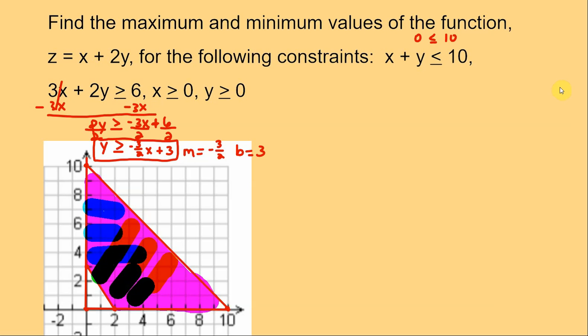Now that we have graphed our region, we want to find the coordinates of the points where they intersect. So this first intersection is at 0, 3.